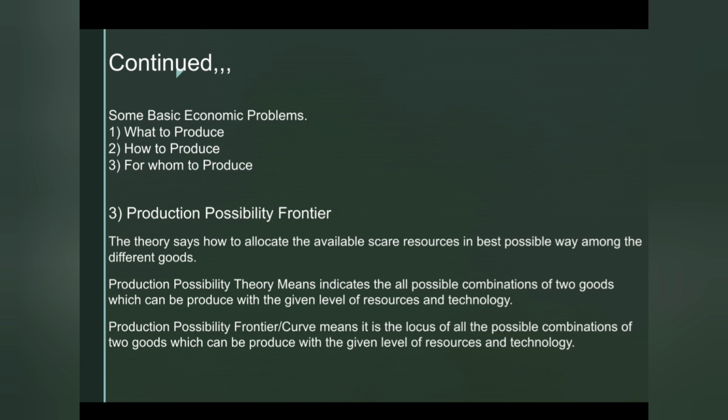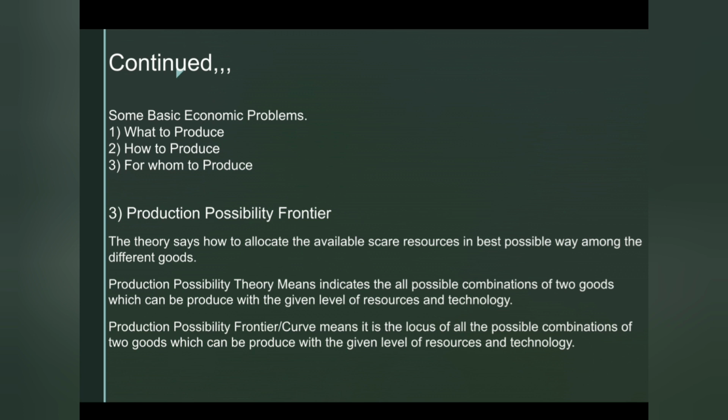The production possibility theory says that all the possible combinations of two goods which can be produced with the given level of resources and technology, means with the given resources how best we can utilize the resources among the different goods. That is what we understood in this production possibility theory.